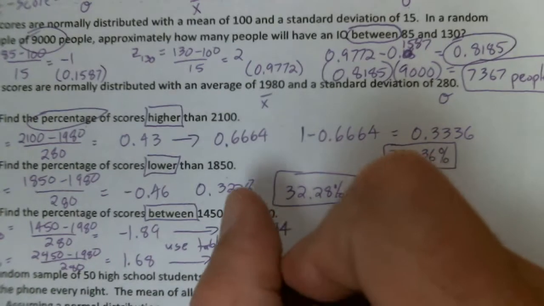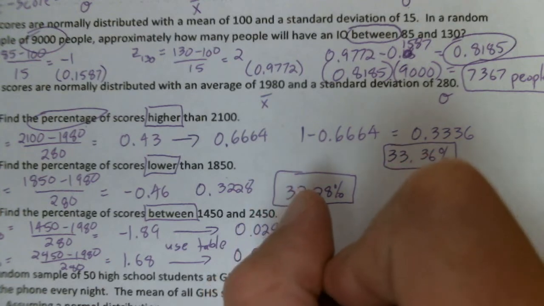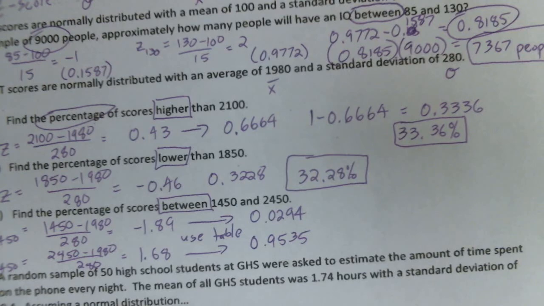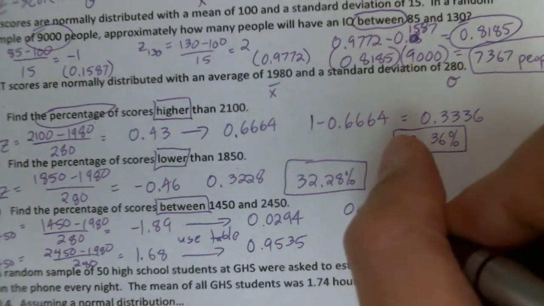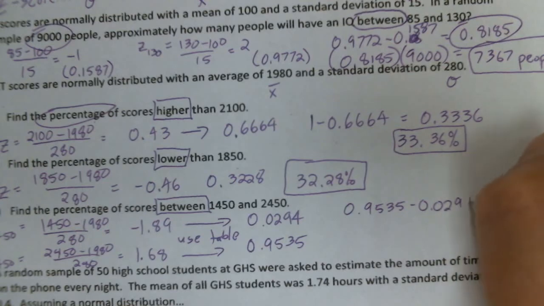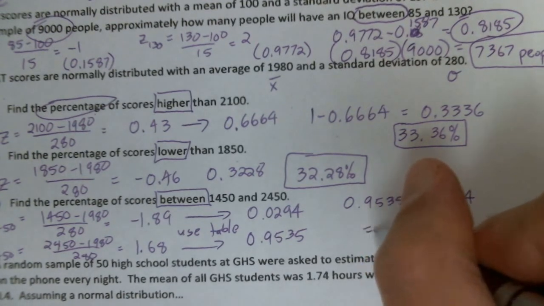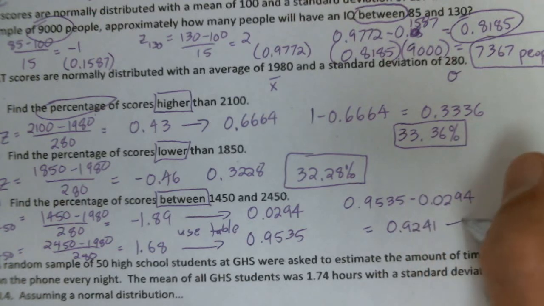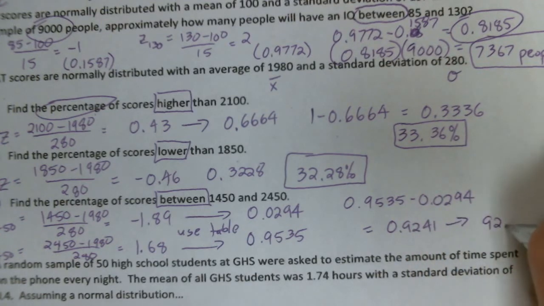All right, so that's 0.9535. And then we subtract the two percentages. So 0.9535 minus 0.0294, and that gives me 0.9241. And of course, that corresponds to a percentage of 92.41%.